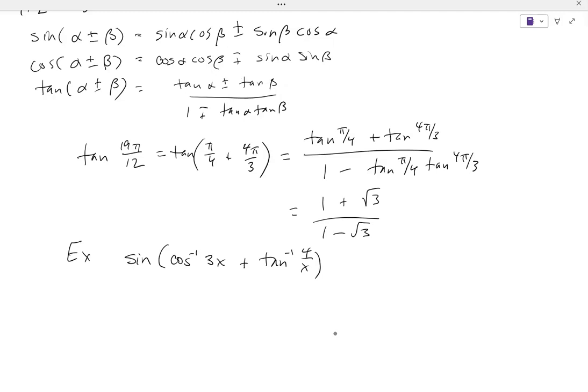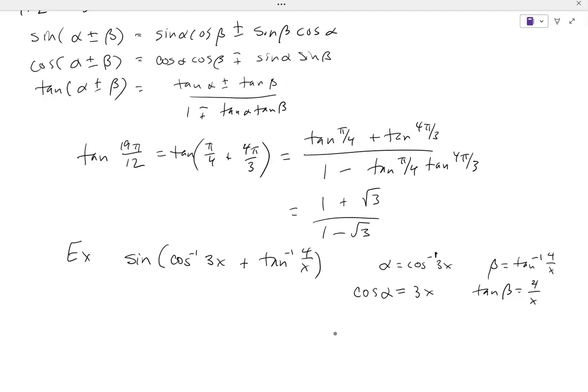The first thing we did was, remember, make each of those things on the inside an angle. And then rewrote these that way, right?